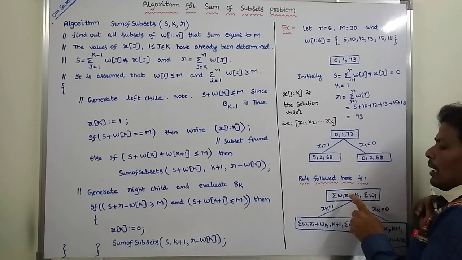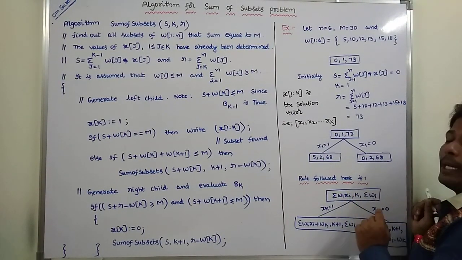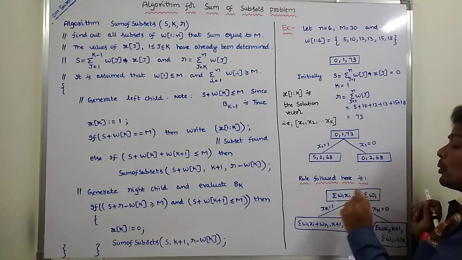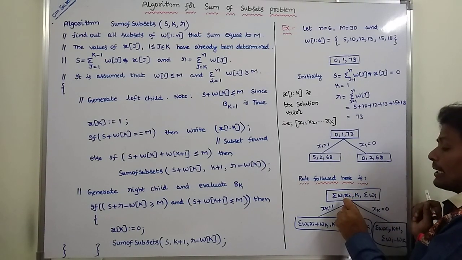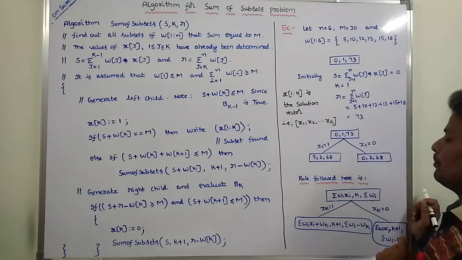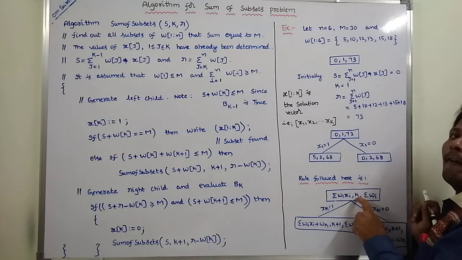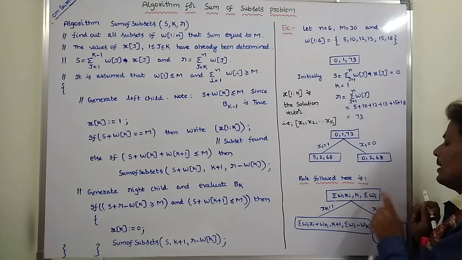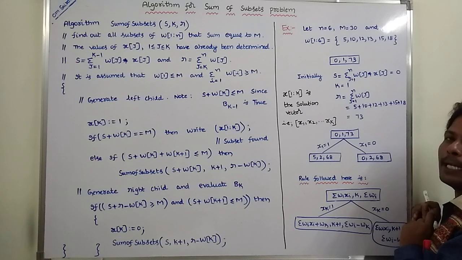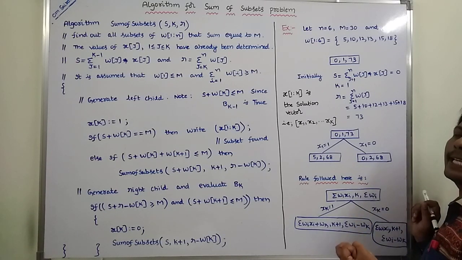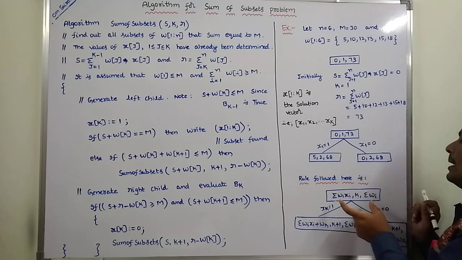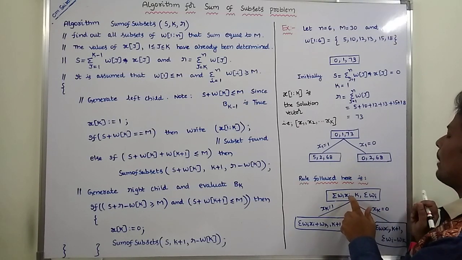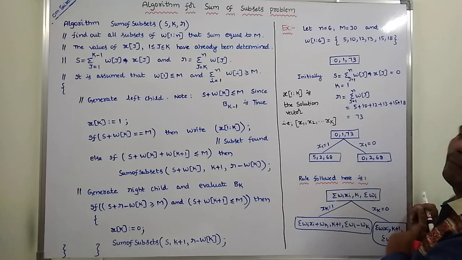Sigma wi xi is the sum of the products of the weight vector and its solution vector. Here k is the position of the weight in the weight vector, and sigma wi is the sum of the weights in the weight vector.